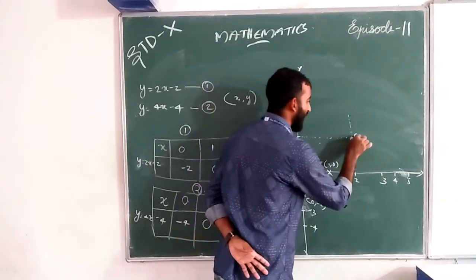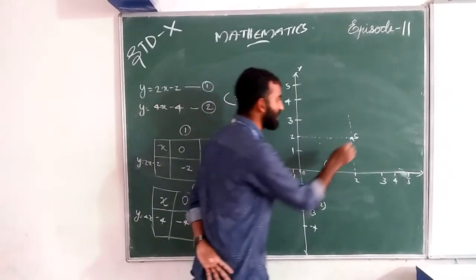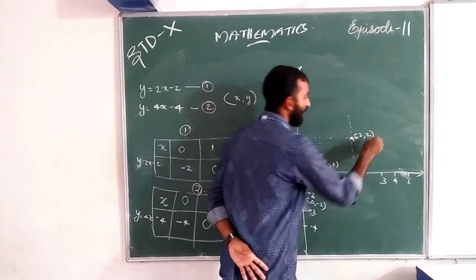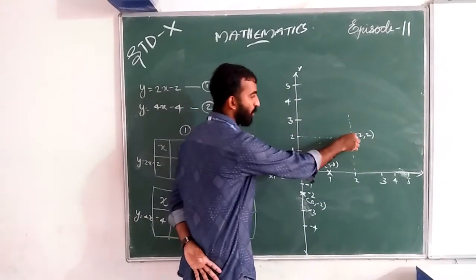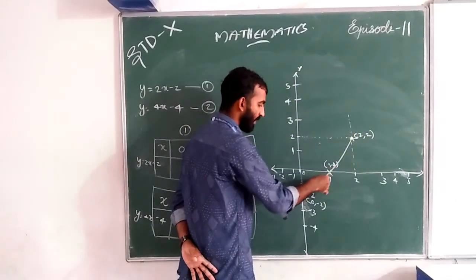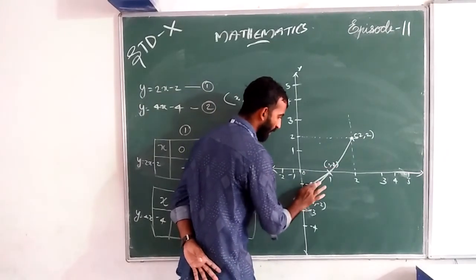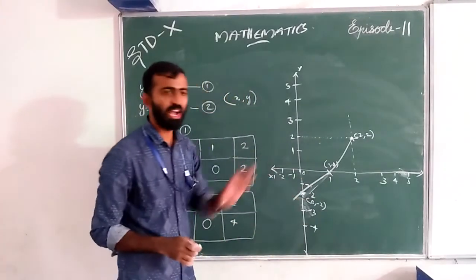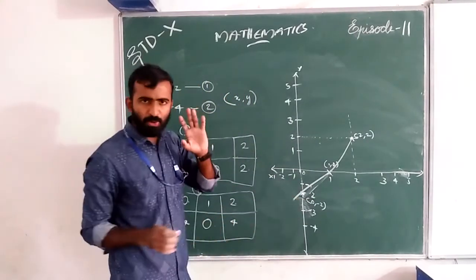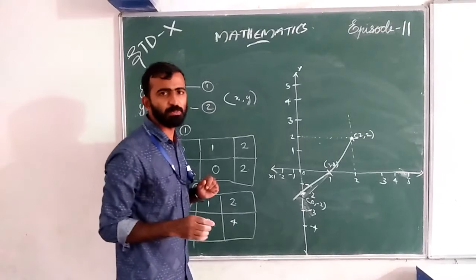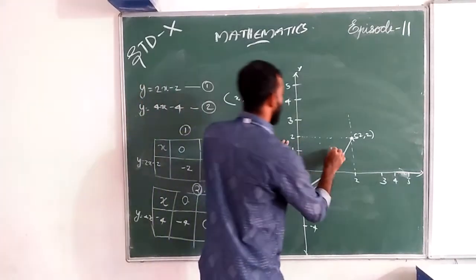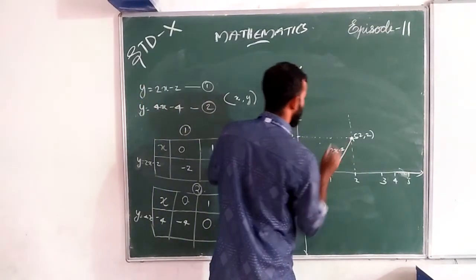That point is our coordinate, 2, 2. When we join these, here is the graph for equation number 1, that is y equal to 2x minus 2.